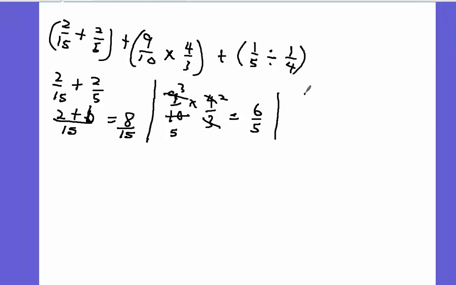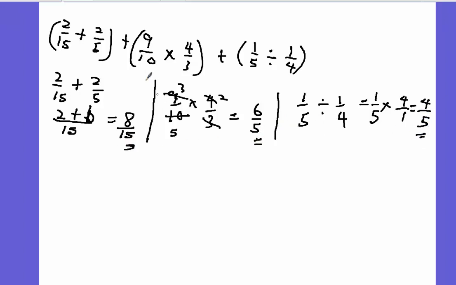Then the last one is going to be 1 out of 5 divided by 1 out of 4, which is equal to 1 out of 5 times 4 out of 1. And the answer is 4 out of 5. Good.